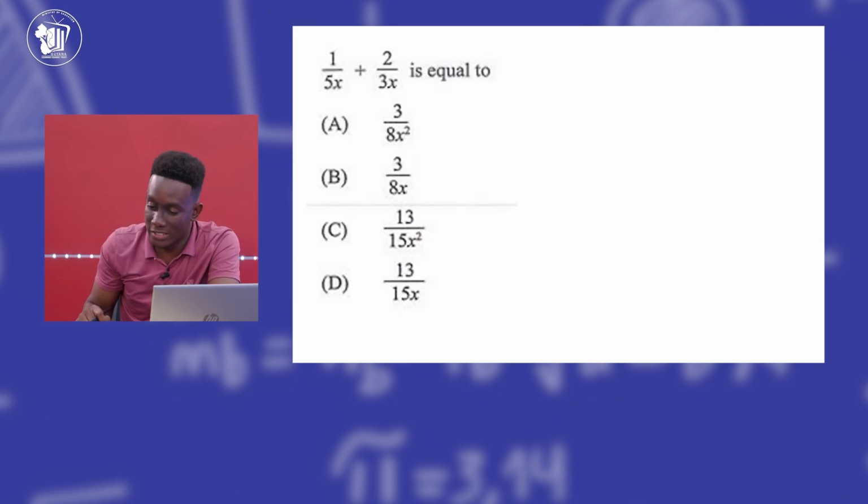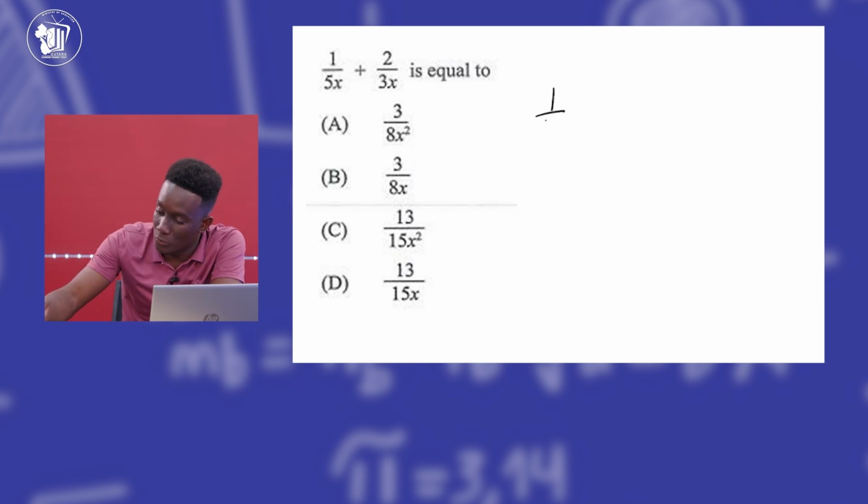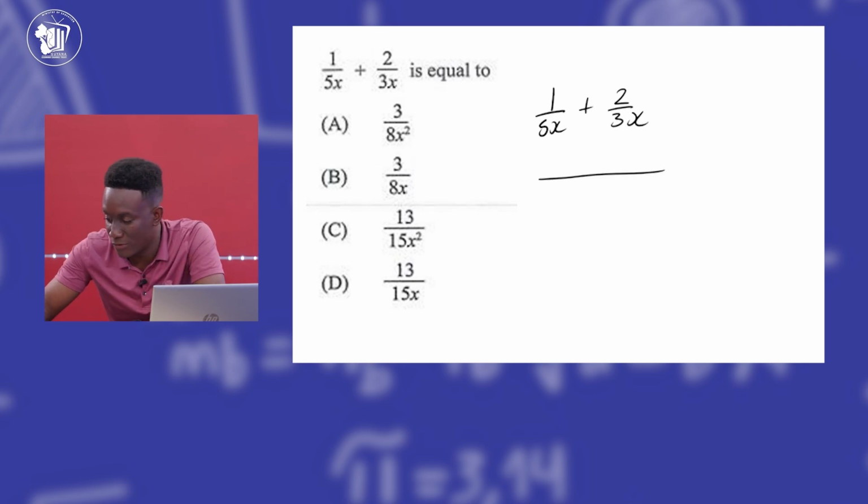And the last one says 1 over 5x plus 2 over 3x is equal to, so let's find the LCM. So the LCM of 5 and 3 is 15. And the LCM of x and x would simply be x. So we work this out as a normal fraction. 15x divided by 5x would give me 3.